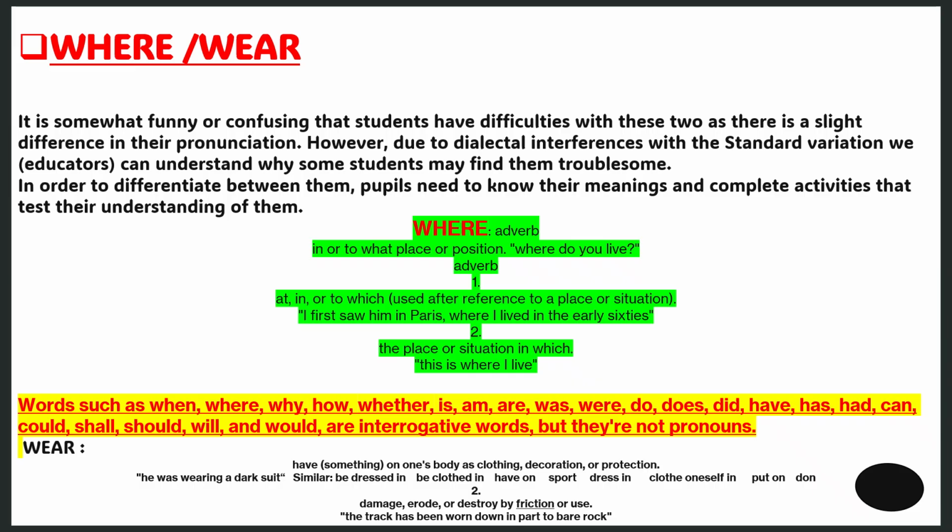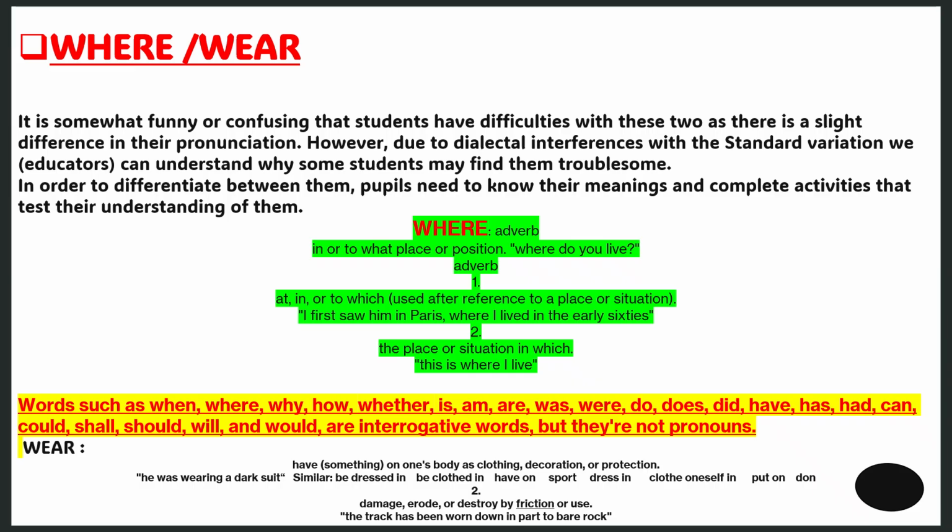Words such as when, where, why, how, whether, is, are, was, were, do or does, did, have, has, had, can, could, shall, should, will, and would are interrogative words, but they are not pronouns. So, like you have interrogative pronouns, what the writer is saying here is that they are not interrogative pronouns, right? So let's look at wear.